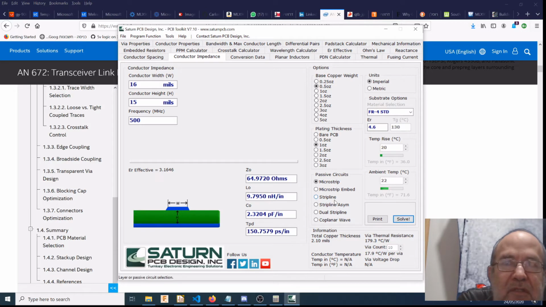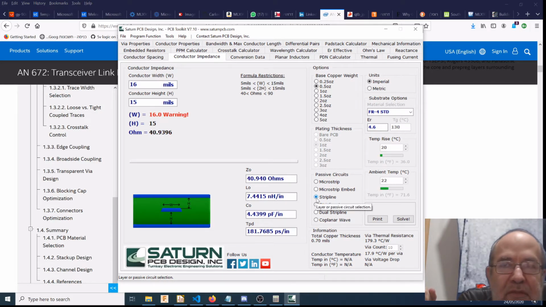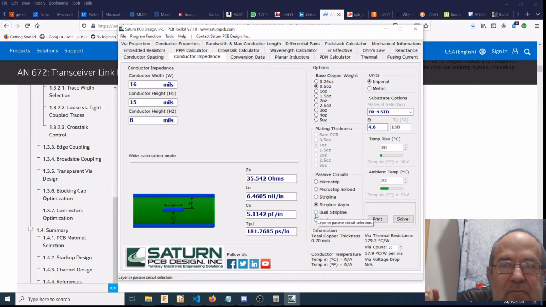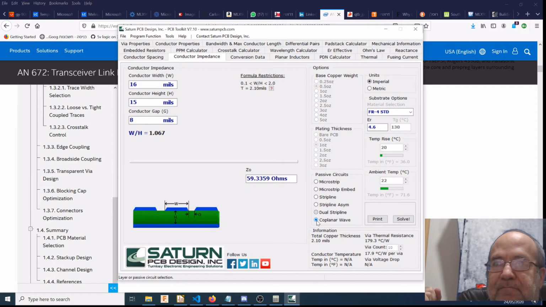There are different options also. This is if you're going to have the line internally within the PCB, within the stack up, if you're going to have a stripline.